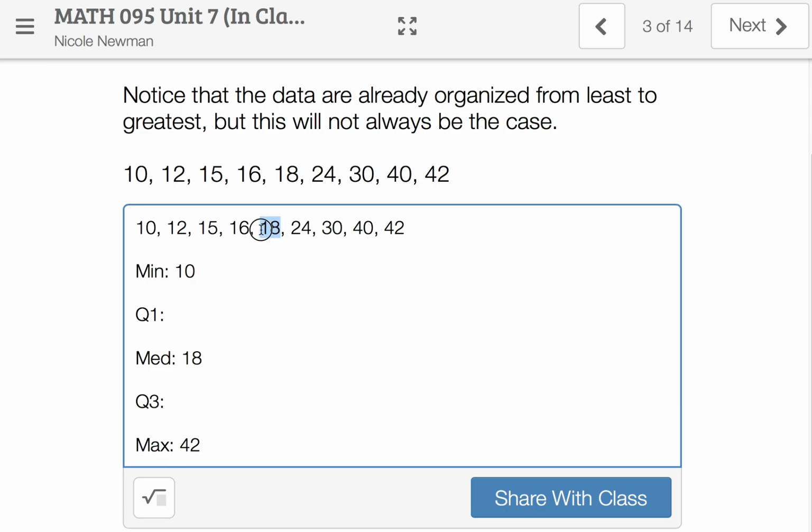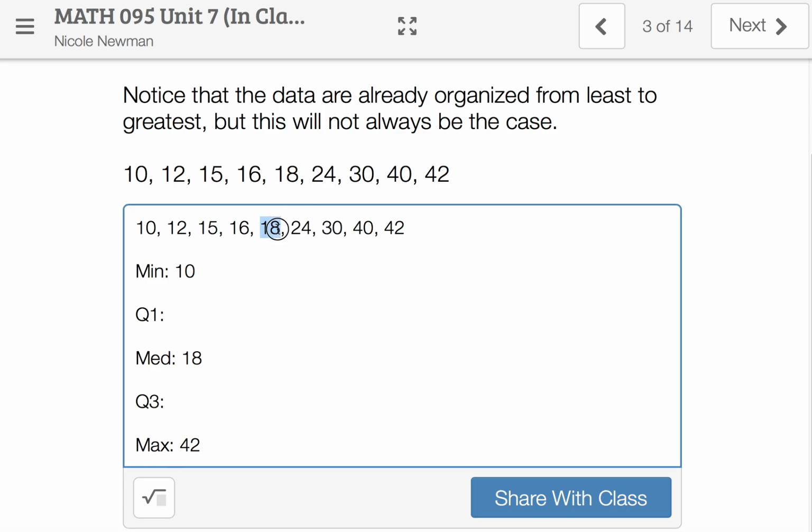If I highlight this one, you'll notice that there are 4 data points below the median and 4 data points above the median. So 18 is the exact middle of the data set. To find these quartiles, Q1 and Q3, Q1 is the median of the lower half of the data.